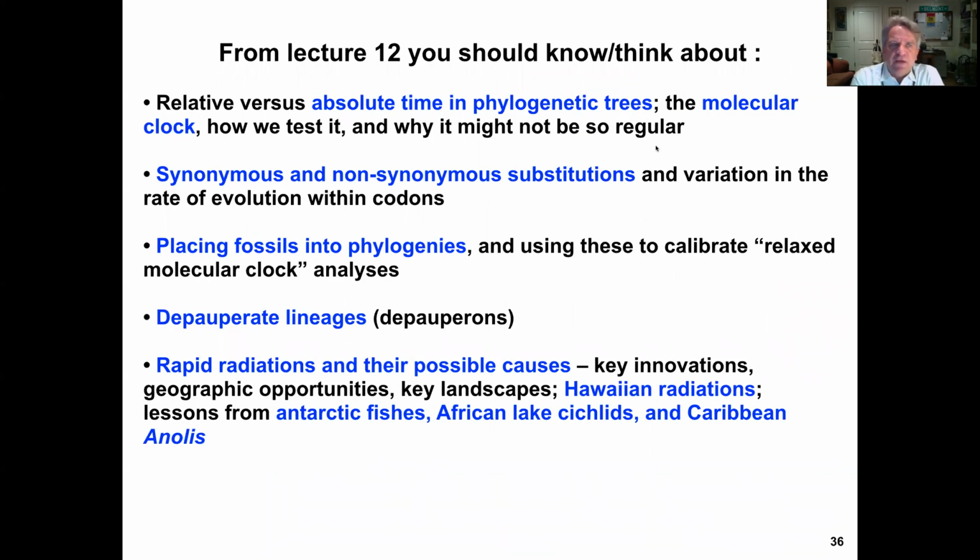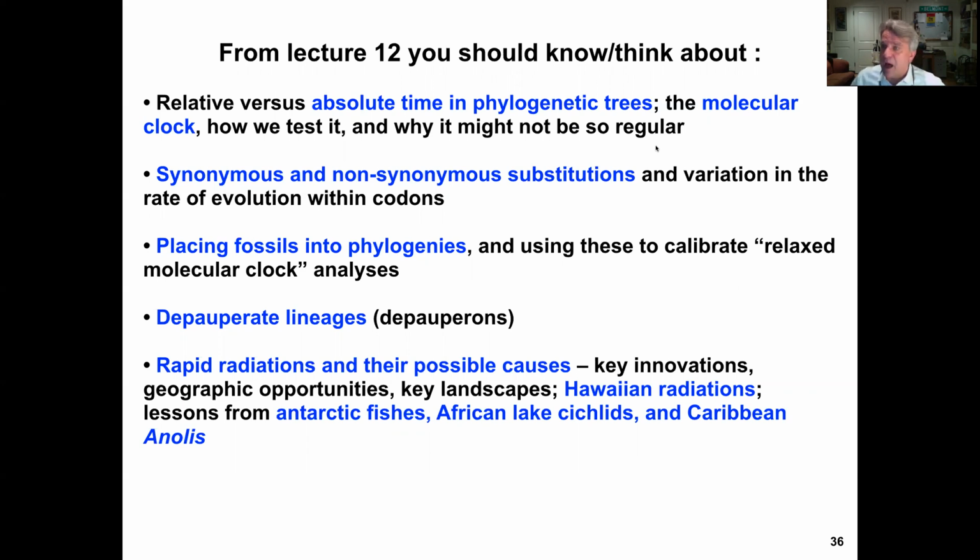Okay, from this lecture, you should be able to think about relative versus absolute time in phylogenetic trees, the molecular clock, how we test it, and why it may not be uniform. That is why there is no universal molecular clock. You should be able to think about the natural history of genes in the sense of synonymous and non-synonymous substitutions and variations in nucleotide substitution rate among different codon positions. You should think about how we can place fossils into phylogenies and how this allows us to calibrate relaxed molecular clock analyses.